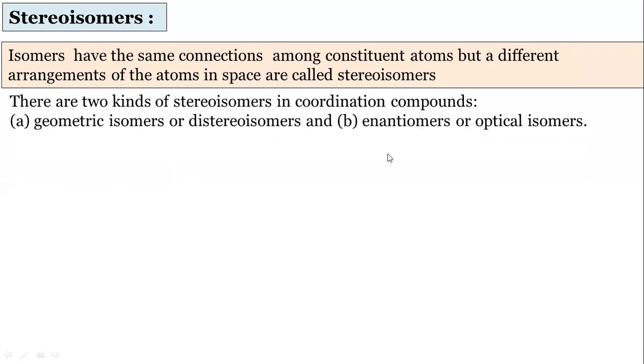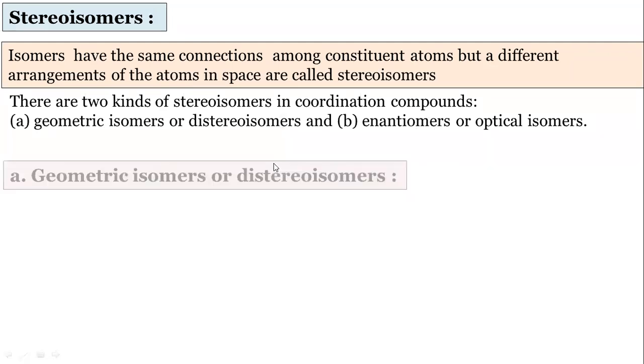That's why these are classified into geometric isomers. Geometric isomers are also called diastereomers, and the second part is enantiomers. This is due to their arrangement of the atoms in space being different.